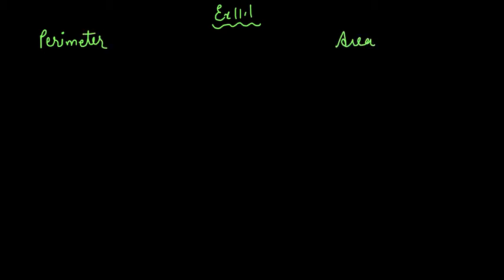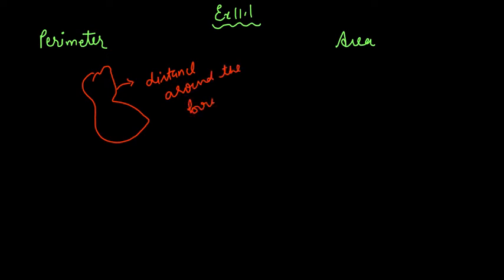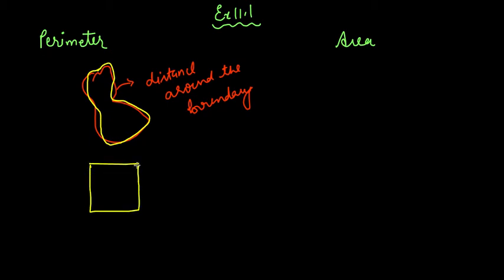What is perimeter? If I have any shape here, what is the perimeter? Perimeter is the distance around the boundary, the total distance around the boundary. So if I have a square, its perimeter is the distance around its boundary.